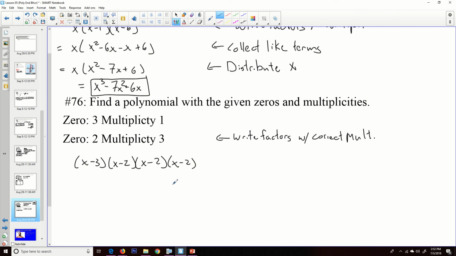And so multiplying this out, there's a shortcut, but if you go x minus 2 times x minus 2 times x minus 2 times x minus 3, I can do the x minus 2's fairly quickly in my head.